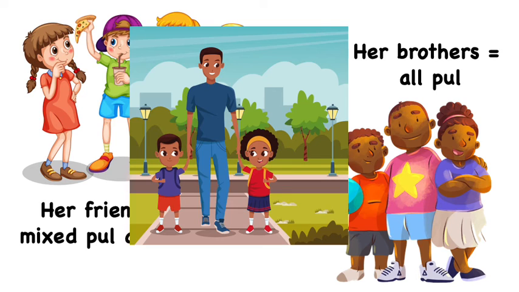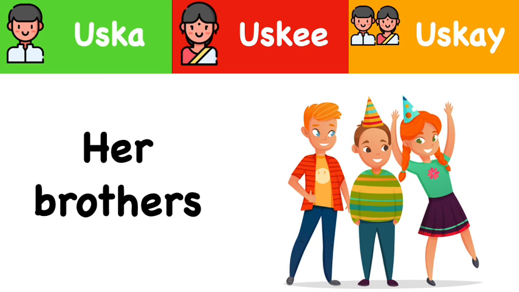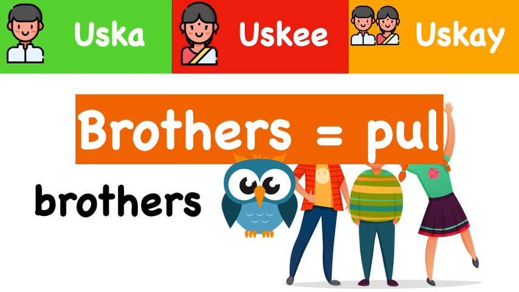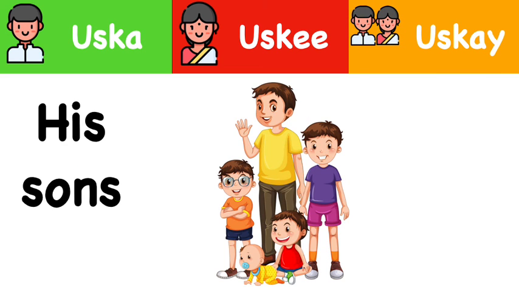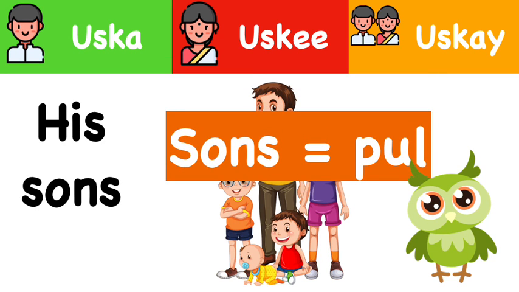Now if we replaced this little boy with a little girl and we said his daughters, then it would be uski. Uski betiyan. All right, her brothers. Well, we already did this. Brothers are pull. So therefore, it is uske. Uske bhai. His sons. Sons are also pull, right? So again, uske.